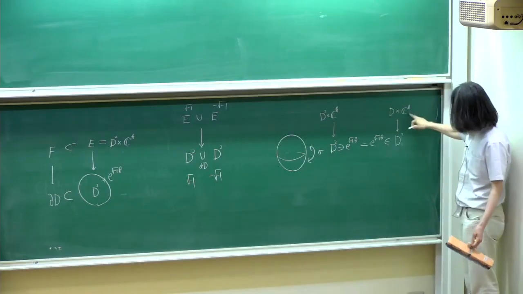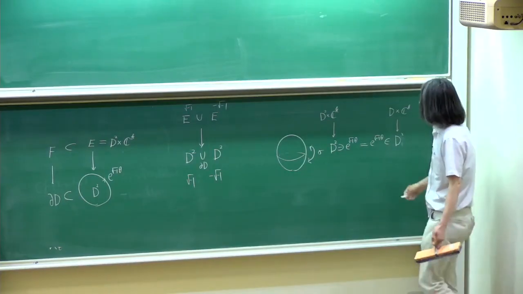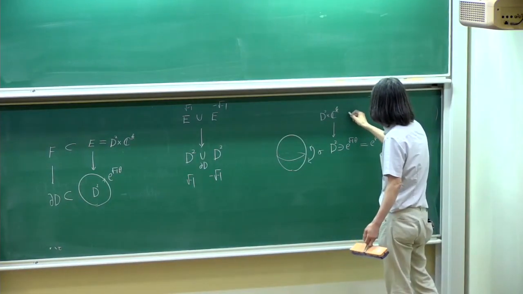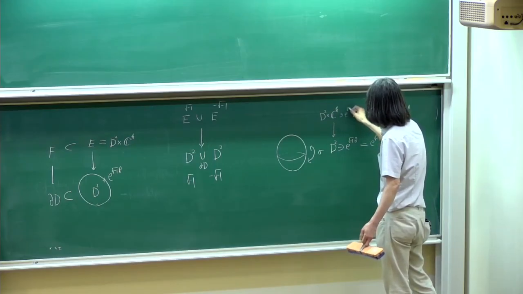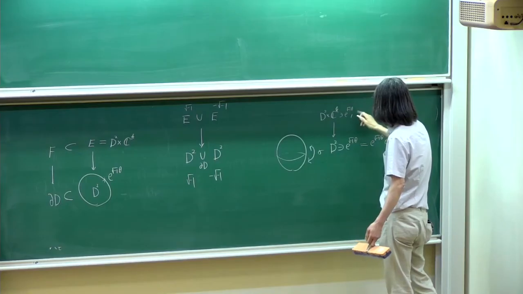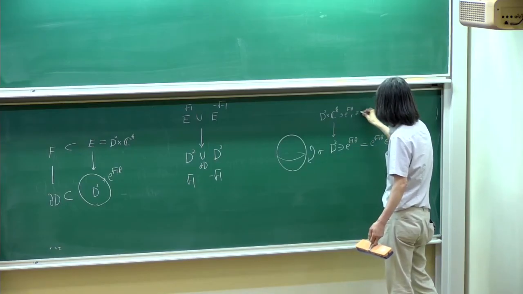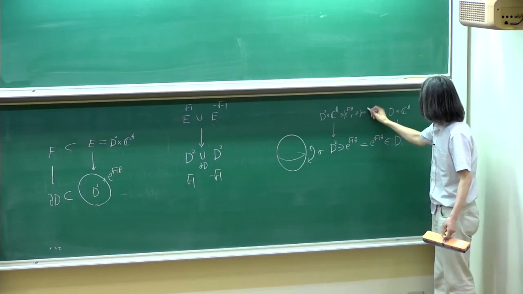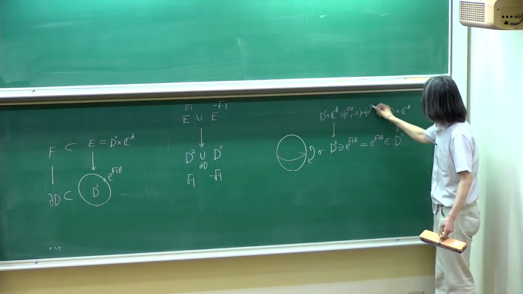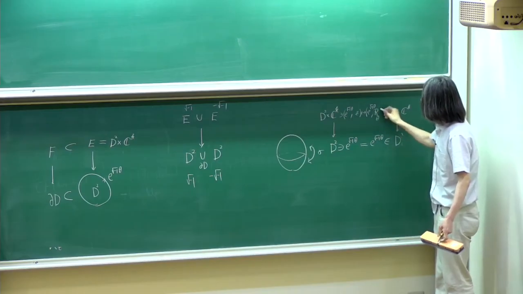But I put the opposite complex structure here, and then want to identify this. So here I have e to the square root of minus 1 theta, and here I take z, and then I just map it to e to the square root of minus 1 theta, and R of theta of z.